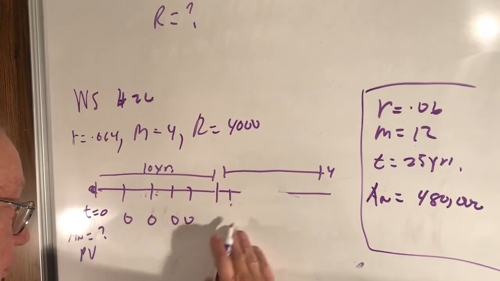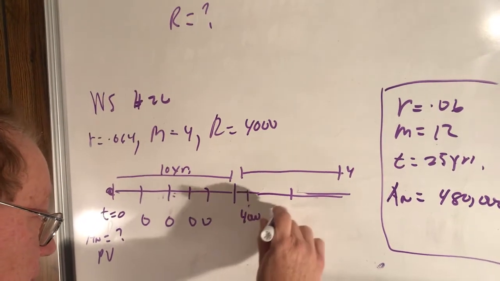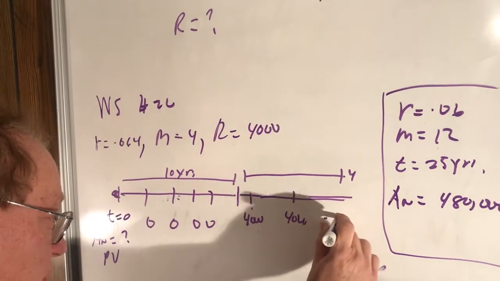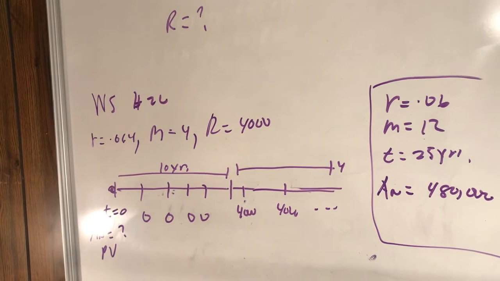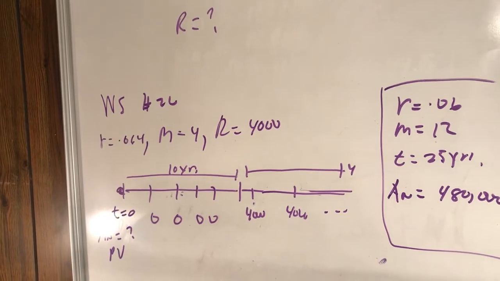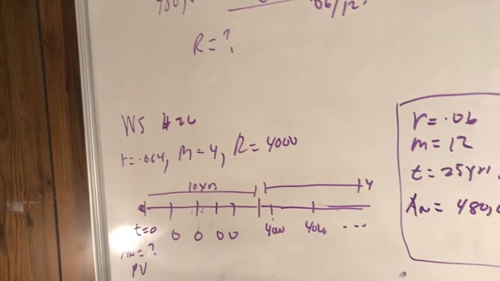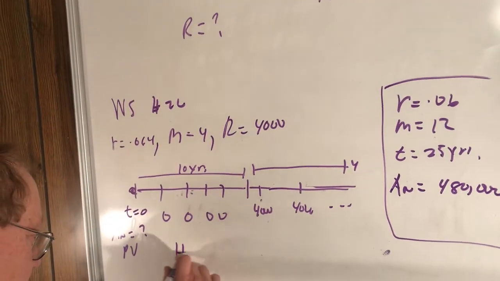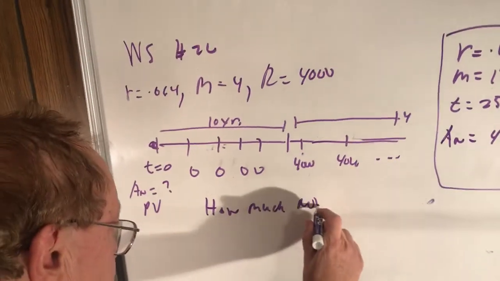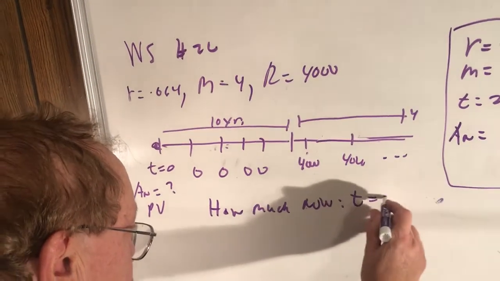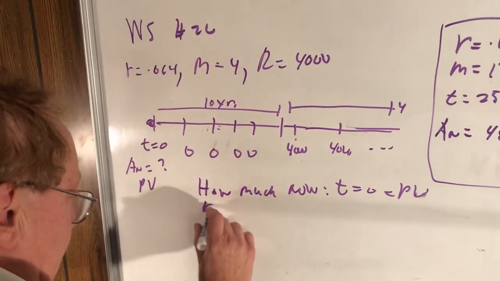Okay, let's just do this for 2 periods. What they're asking for is how much is needed now so that the trust which earns 6.4%. So how much now? Right away, now tells you t equals 0. That's a present value. But this is a deferred annuity.